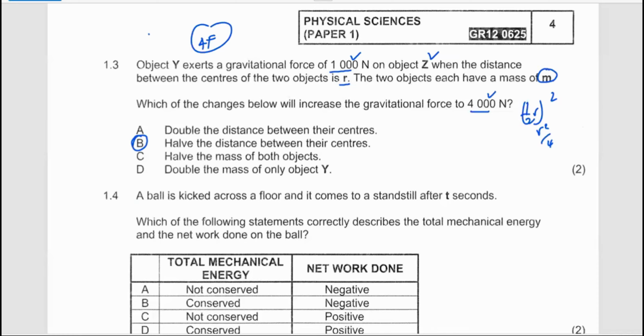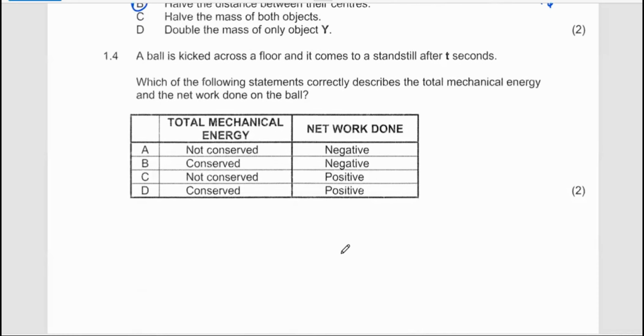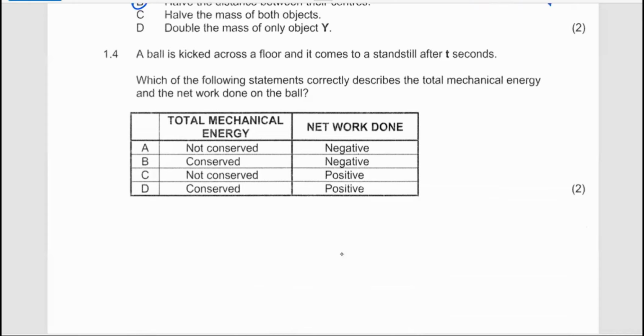Then 1.4, we're being told that a ball is kicked across the floor and it comes to a standstill after t seconds. Which of the following statements describes the total mechanical energy and the net work done on the ball? So the first one, total mechanical energy. One thing we know is that for as long as the ball is rolling, the floor is rough, and because of the presence of friction force, the ball will come to a standstill.